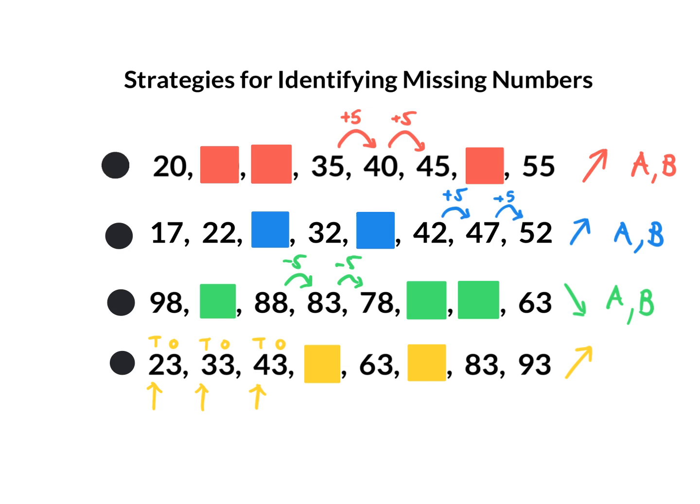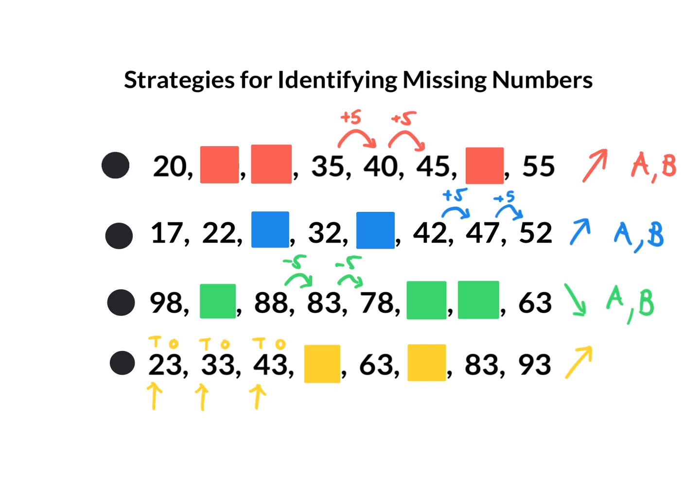The next number I feel might be 73. So that follows another A-B pattern, and we know that the A-B pattern is a 5s pattern, counting by 5s. So we have a number pattern that is decreasing by 5 each time.